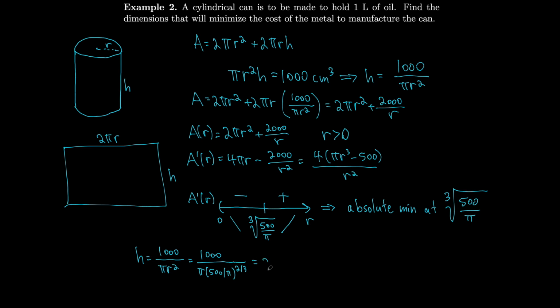So that's the same as 2 times the cube root of 500 over pi. So that's 2r. Okay, so that's the diameter. So that means the minimum dimensions are when the radius is this, and the height is the diameter.